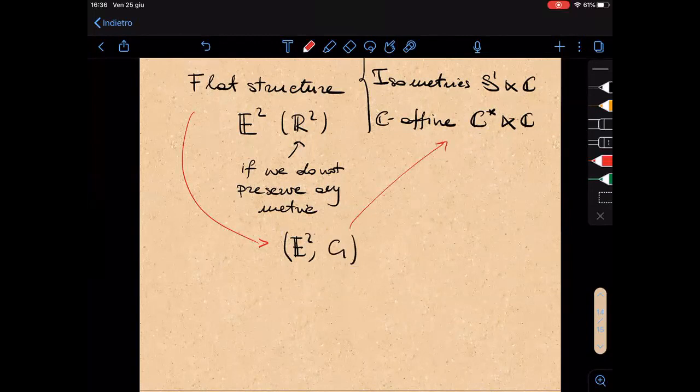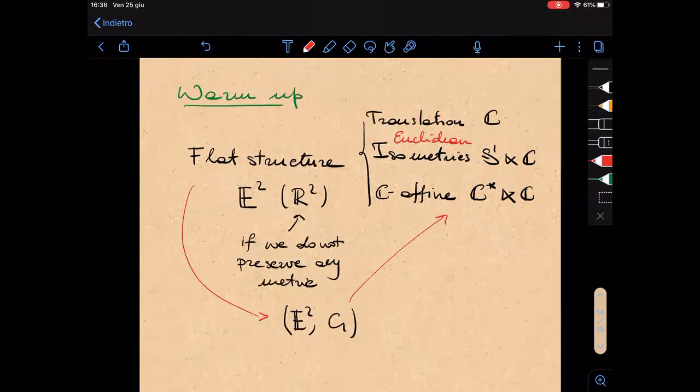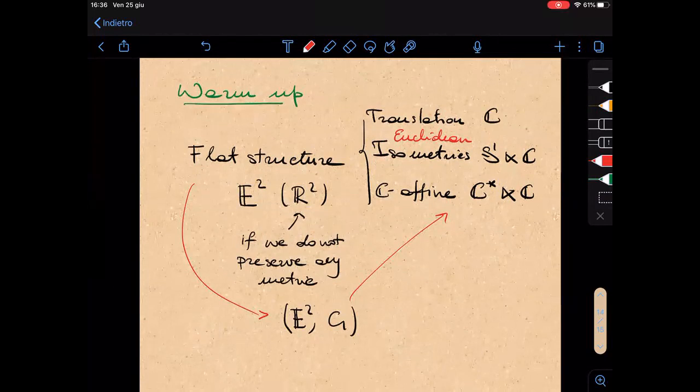And so we call them accordingly translation structures or translation surfaces, Euclidean structures, or complex affine structures.